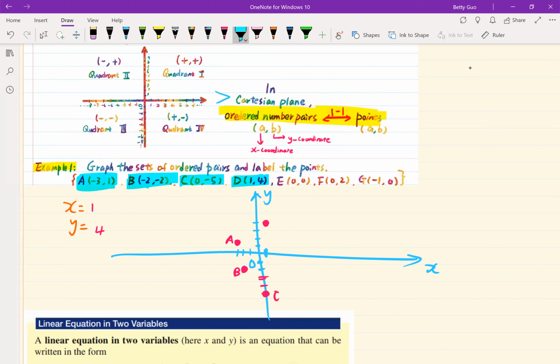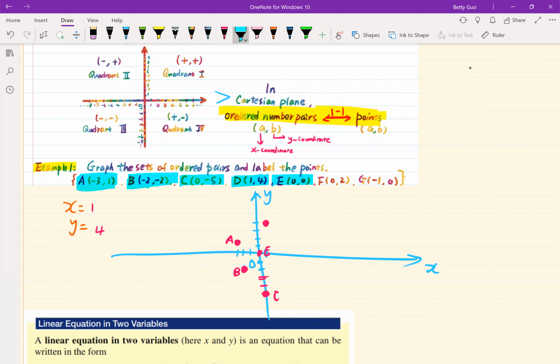E is 0, 0. We know that point is the origin, right? 0, 0. The point is the origin. This is E.